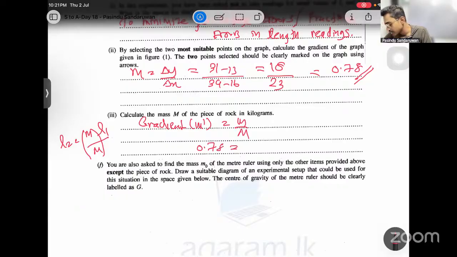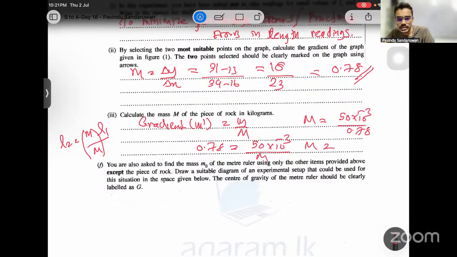Simple m was given as 50 grams, which is 50 times 10 to the minus 3 kilograms. Then simplify: capital M equals 50 times 10 to the minus 3 over 0.78.